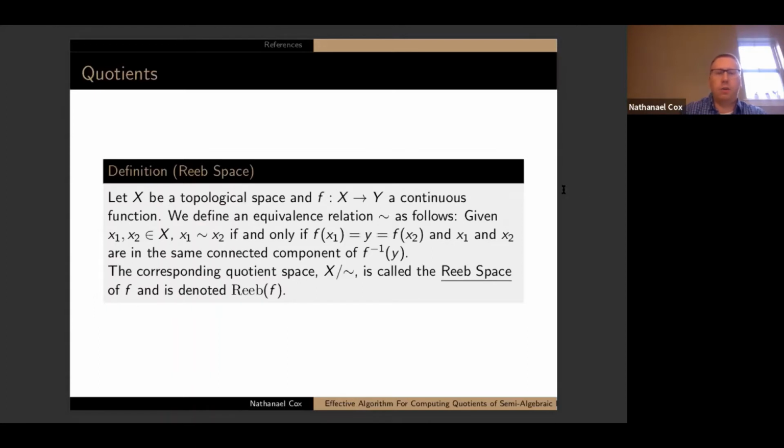The quotient space of X by that equivalence relation is called the Reeb space of f, denoted Reeb of f. In the case where Y is the real numbers, we call it the Reeb graph of f.